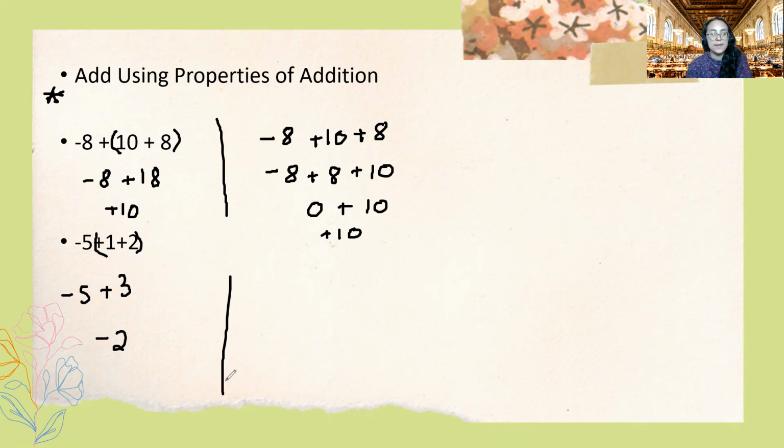I would get the same answer if I were to go the other way, if I were to group positive 1 and negative 5. So I would add negative 5 plus 1. This would give me negative 4. I'd bring down my positive 2. Then I would add these two together, and this would give me negative 2. So we see we can group these three numbers in different ways, and we would still get the same answer. Okay, so let's go ahead and continue.